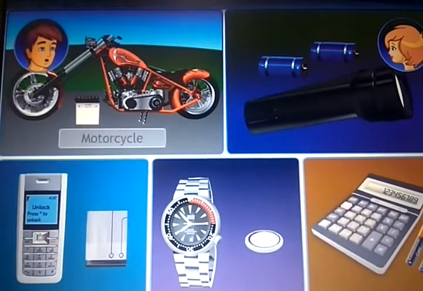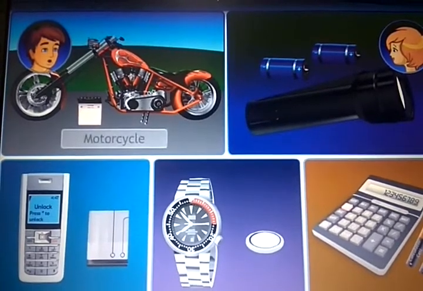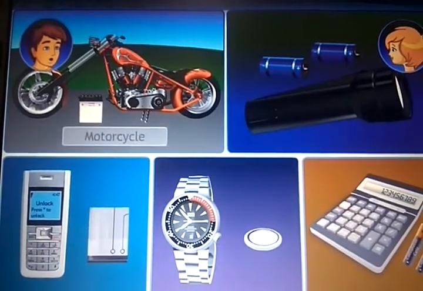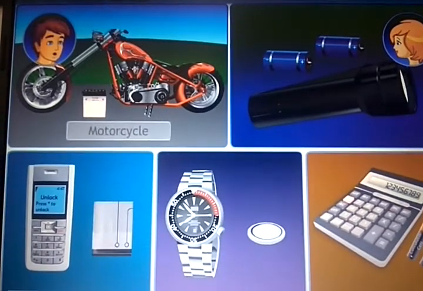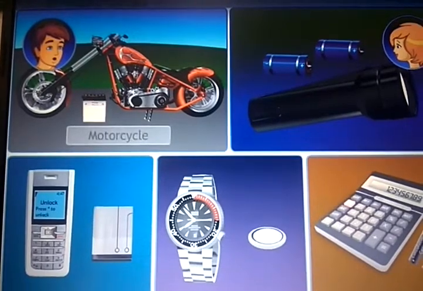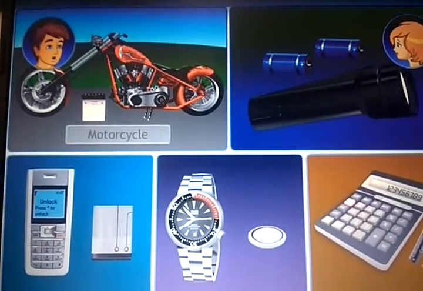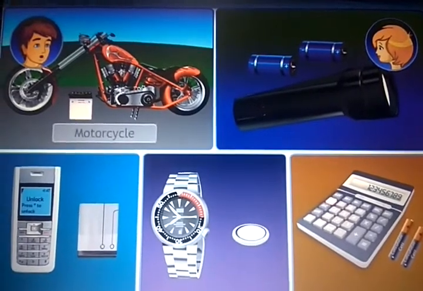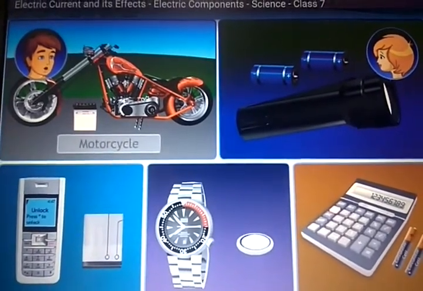Dear students, these are the devices in which we use battery. Here motorcycle toy is there, battery, calculator, right? In that watch, in that mobile, lithium battery is there, button cell is there. Different types of batteries are there that we can use, right?